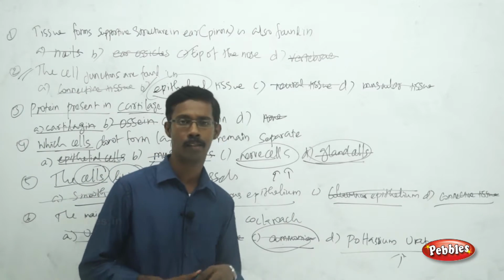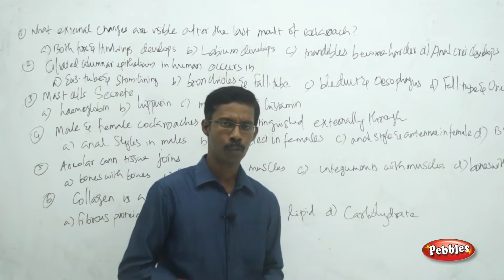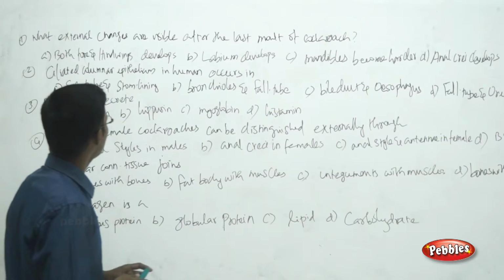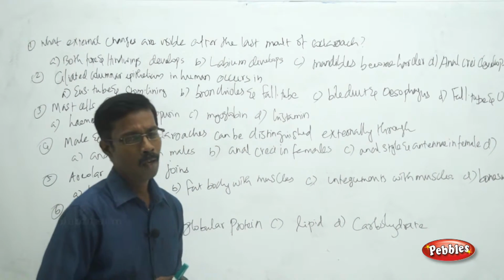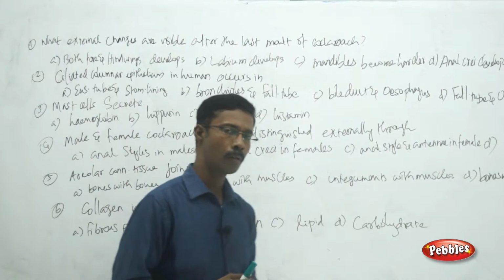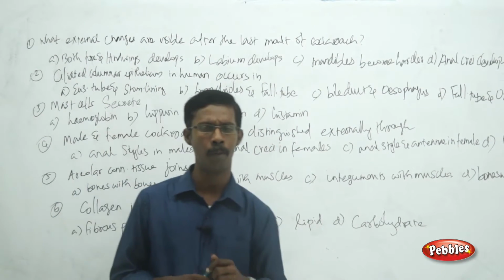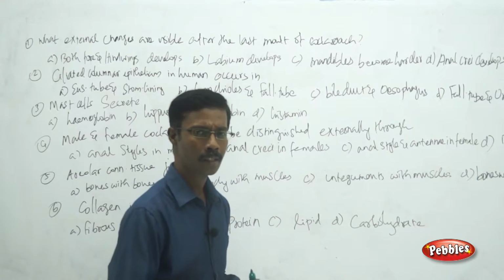Now we are going to see the next set of questions. And see the next question over here in the animal tissues. What external changes are visible after the last molt of the cockroach? I told you in the cockroach reproductive system, they have indirect development. So they are going to develop through the nymphal stages.